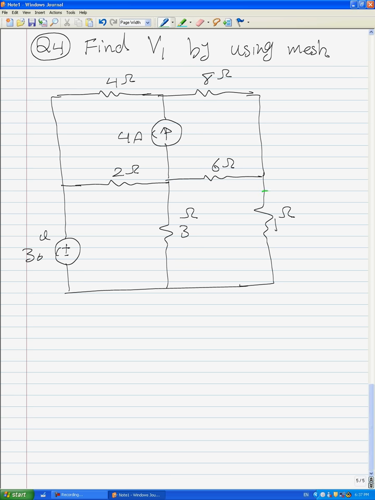V1 is defined here. This is V1, and the final goal is to find V1.